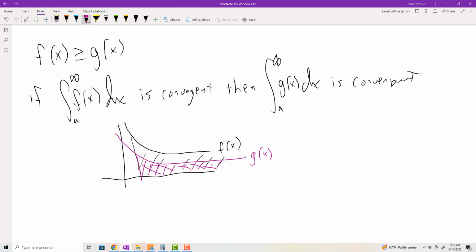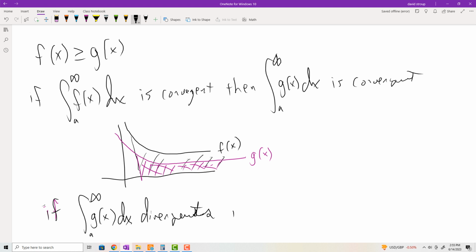If you have that same inequality, and then note that the curve on the bottom is divergent. So let's say the integral of the g of x curve diverges. And you can think of it visually again. That means the area underneath g of x, that purple area, is like infinity.